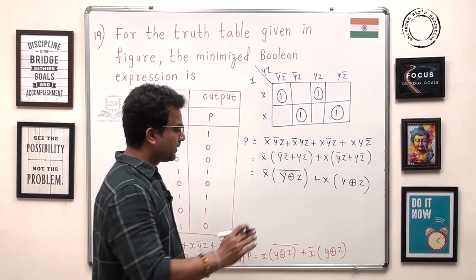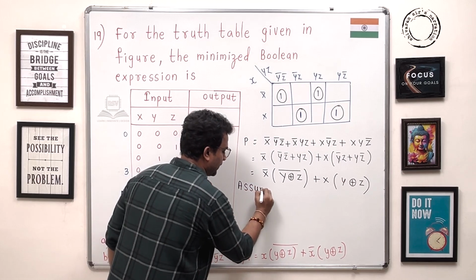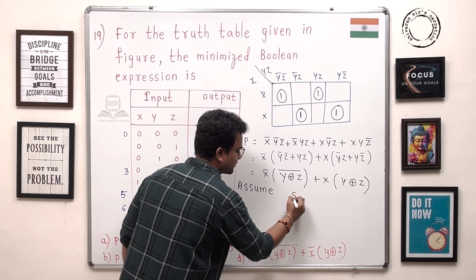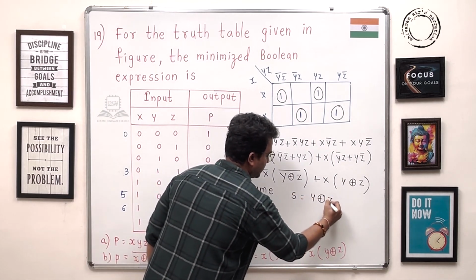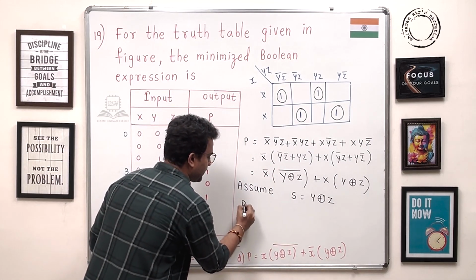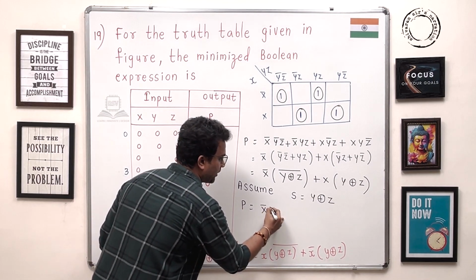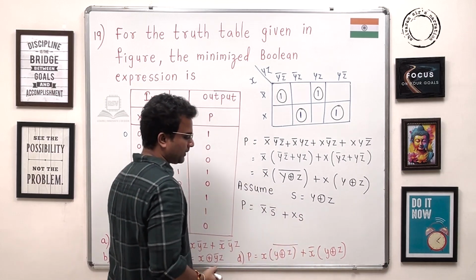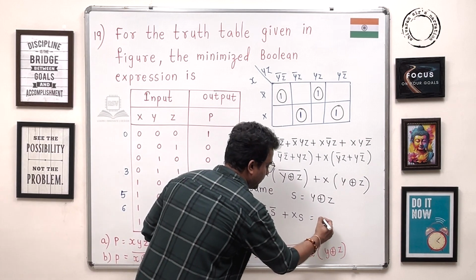Let's consider here Y XOR Z as lump sum S, Y XOR Z. Now guys, what is the expression? It is like X bar S bar plus X S. It is an XNOR operation only, right? Hence, how can you write it?